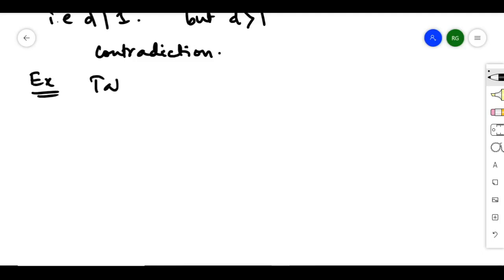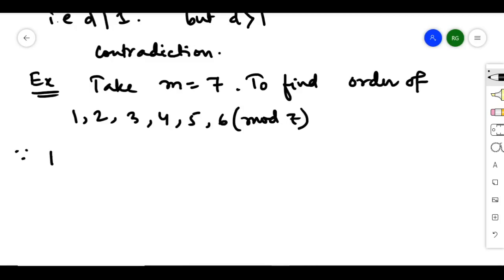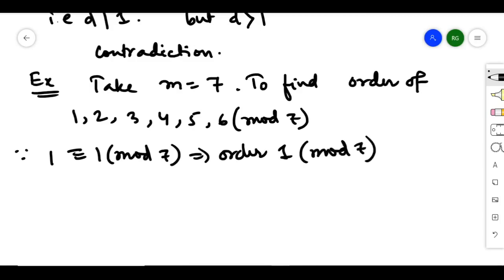Take m equal to 7. So m here is a prime. We want to find the order of 1, 2, 3, 4, 5, 6 mod 7. Now we have 1 congruent to 1 mod 7, so I can say that the order of 1 mod 7 is 1.